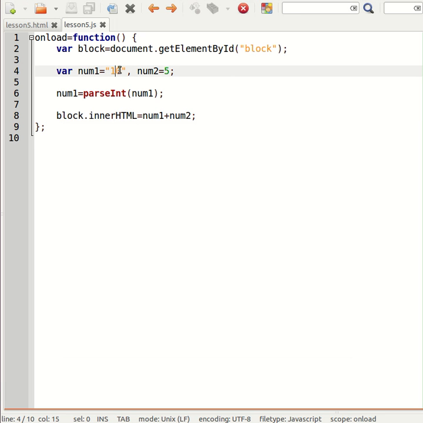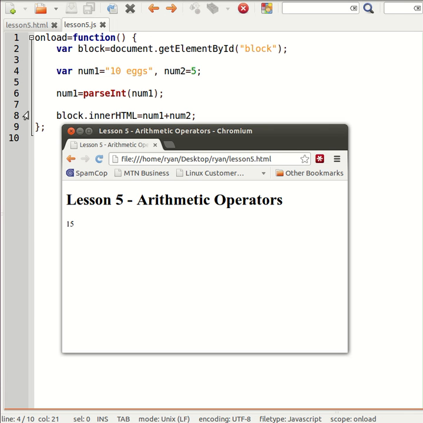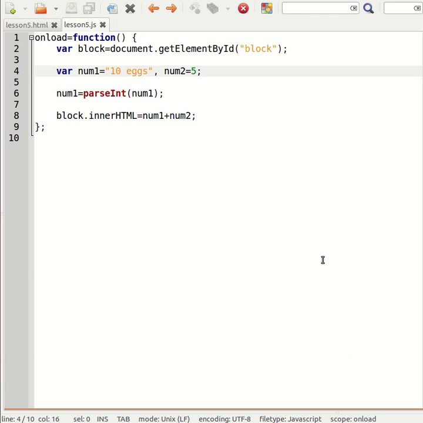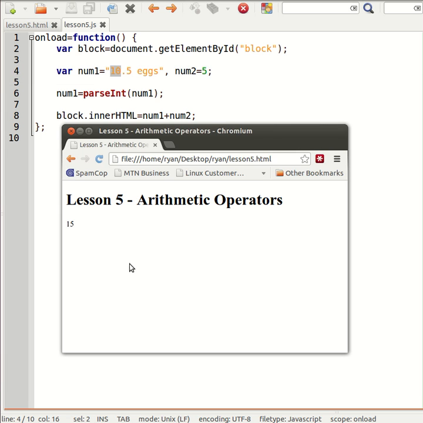The way parseInt works is it actually looks inside of a string and it grabs the integer from the beginning of that string. So you still end up with the same answer. If I had 10.5 eggs, parseInt would still only look for an integer. Remember, an integer is a whole number, so it would only grab the 10.